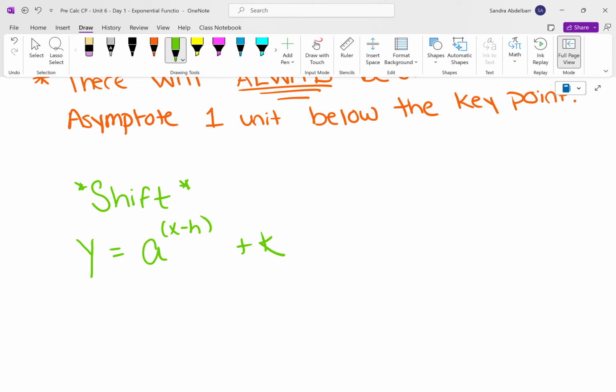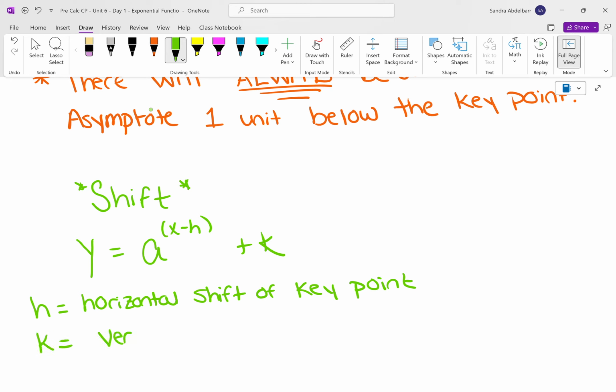So the shifting is y equals a to the x minus h plus k, where h is going to represent the horizontal shift of key point, and k will represent the vertical shift of key point.